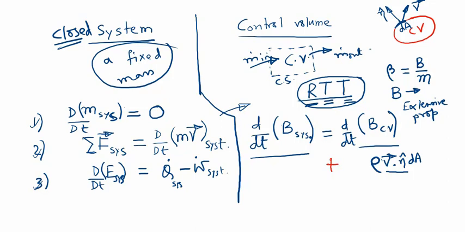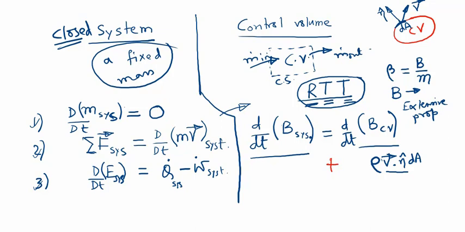That means if you divide this velocity into two components, one normal to the area and another tangential to the area, definitely the normal component indicates how much fluid is going out. So we have taken the normal component of the velocity.